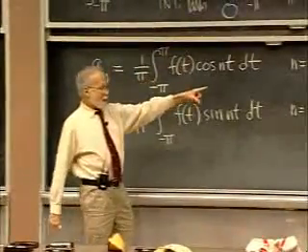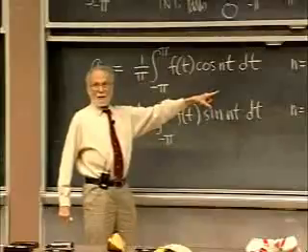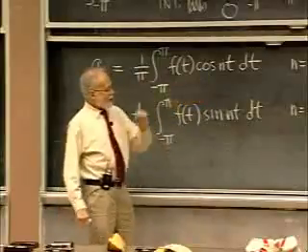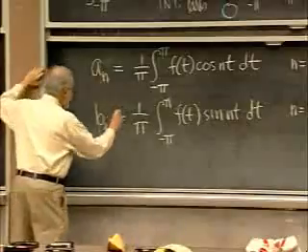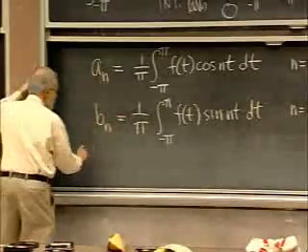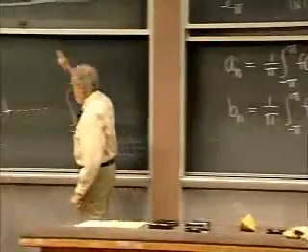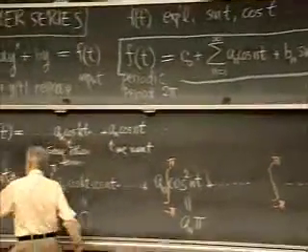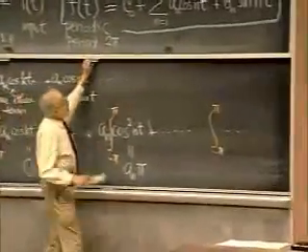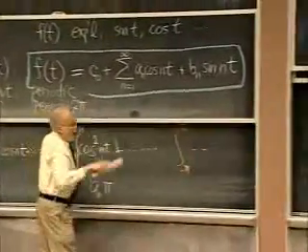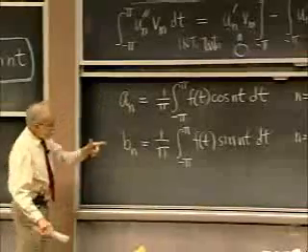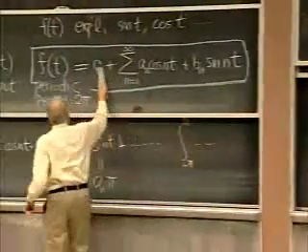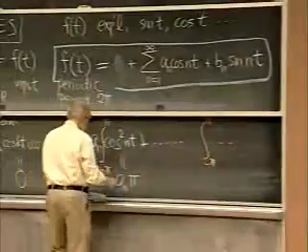Well, then you're not going to get the right leading term. Instead of getting c_0, you're going to get twice it, and therefore the Fourier series isn't written this way. If you want an a_0 there, calculated by this formula, then you've got to write not c_0, but a_0 over 2.